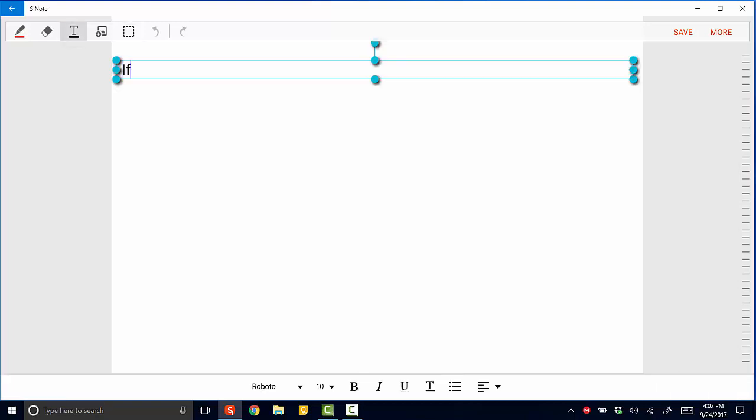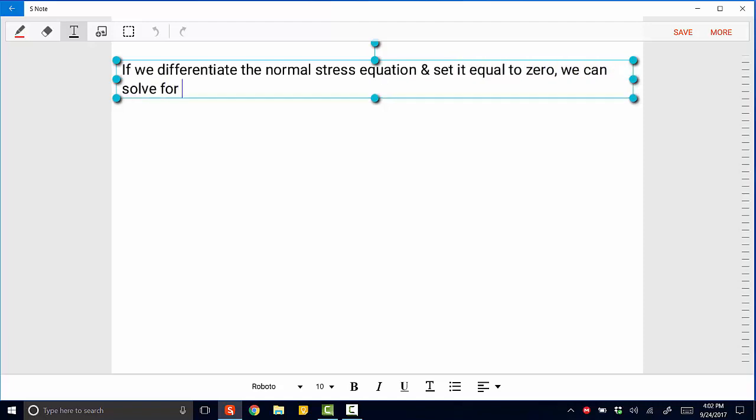So if we differentiate the normal stress equation and set it equal to 0, we can solve for the cutting angle phi P, it's called phi P, where normal stress is maximized.